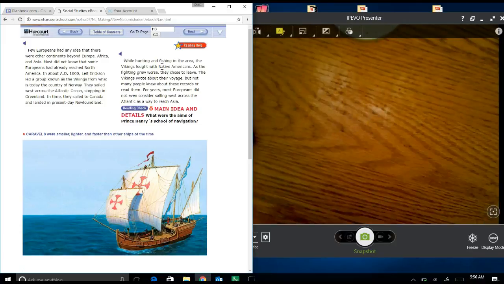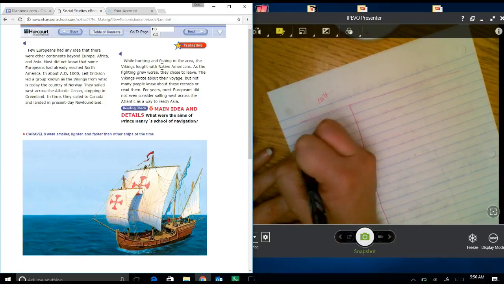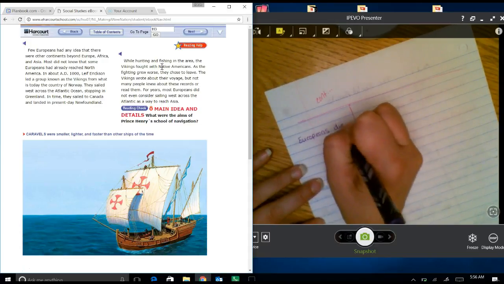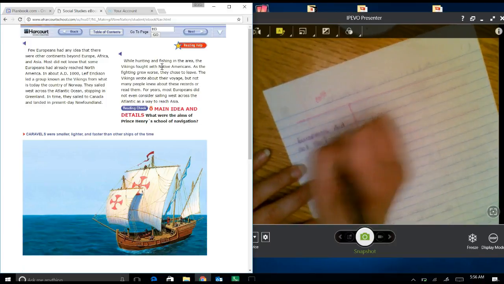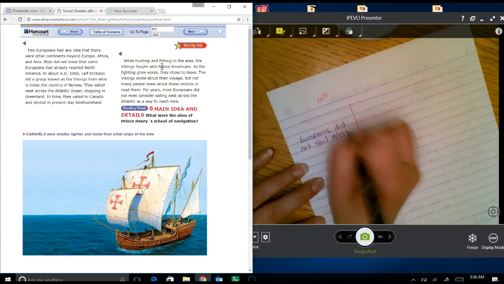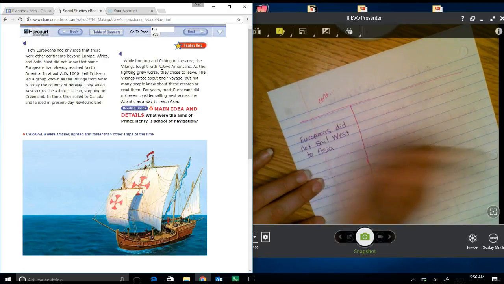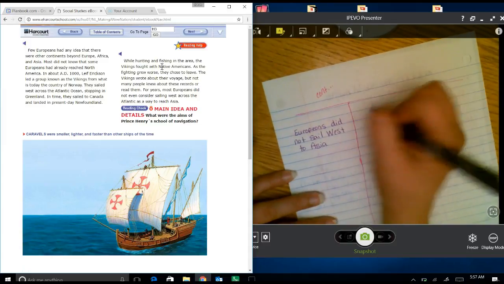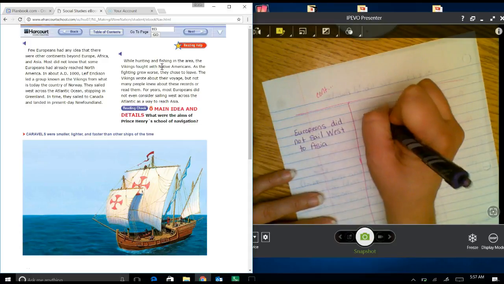Okay, so it looks like the main idea in this section is Europeans did not sail west to Asia. Okay, I'm going to make a few little notes on why they did not. Okay, couple things. They were unaware of any land that way.